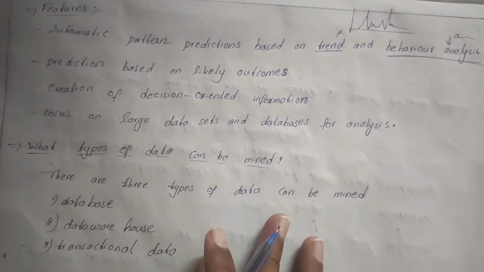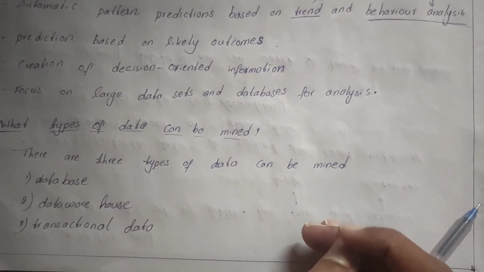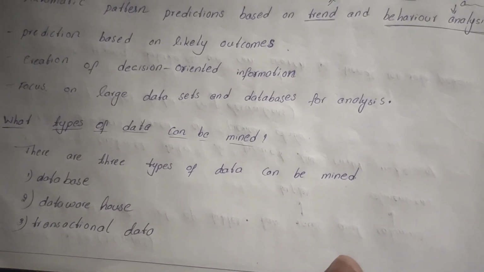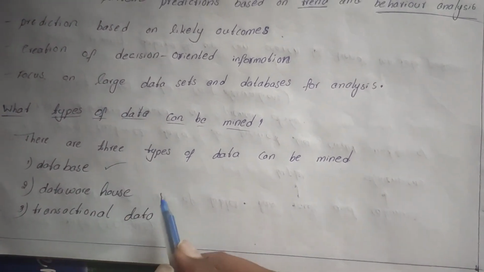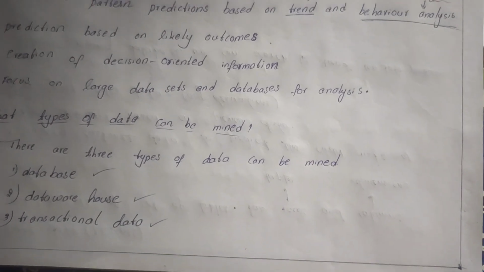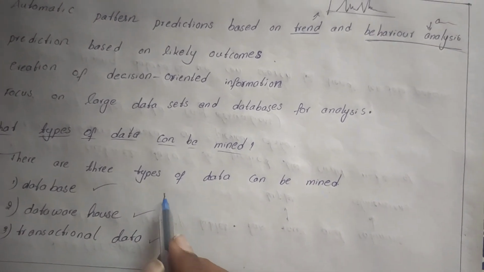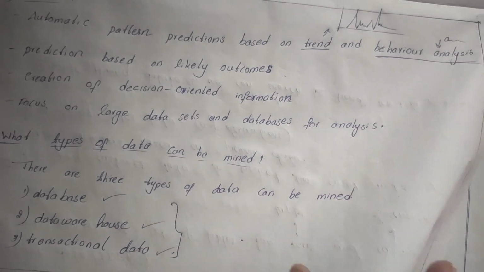Next, we'll look at the types of data that can be mined. There are three types of data that can be mined: first, database data, second, data warehouse data, and third, transactional data. Let us look briefly at these.